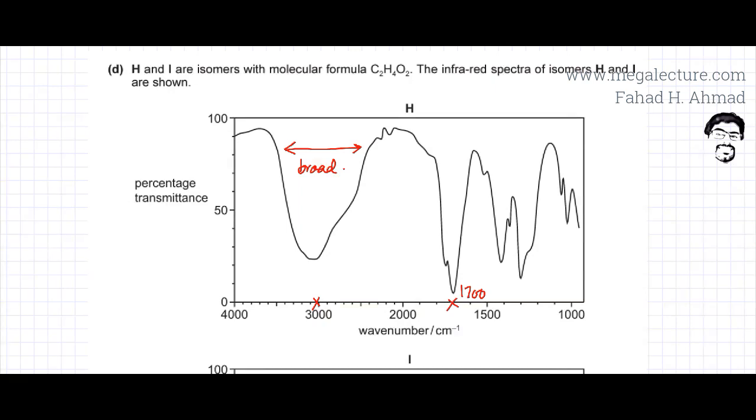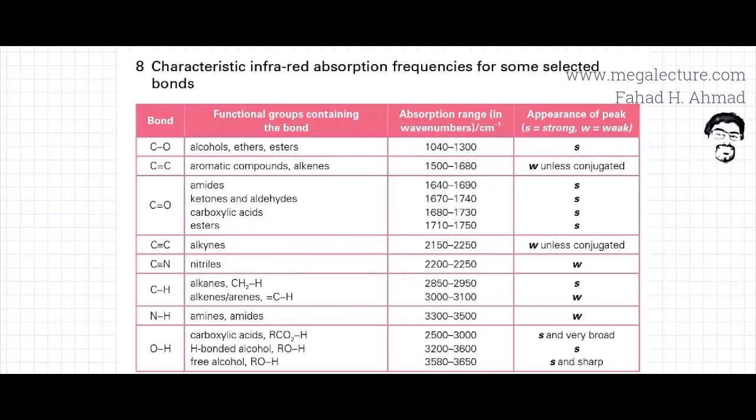Now let's open up the infrared spectrum table in the data booklet and figure out what these two absorptions refer to, which bonds would be vibrating and absorbing frequencies at these particular wave numbers. Now I've opened the data booklet and let's have a look.